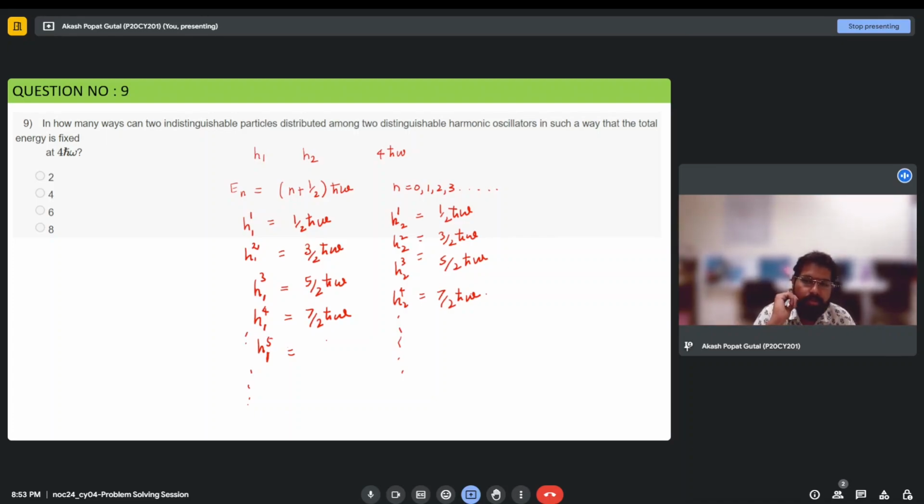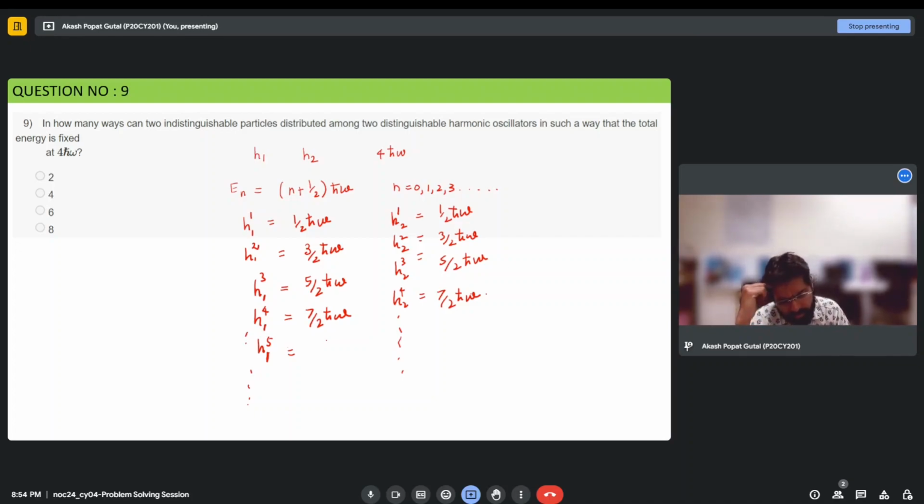These two indistinguishable particles are distributed among these two harmonic oscillators. If one particle is in H1 and one is in H2, then we need to take the combination yielding a constant total energy of 4ħω.